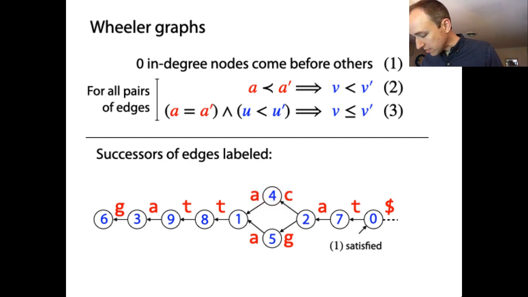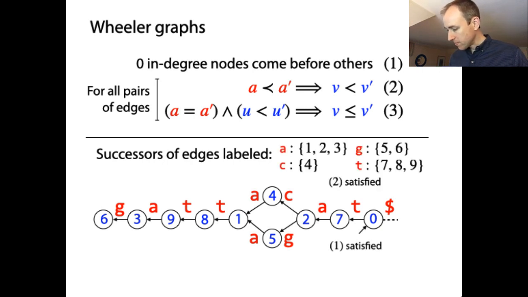The ones at the destinations of the edges labeled G should come next. Indeed, 5 and 6. Now for the ones at the destinations of the edges labeled T, 7, 8, 9. So yeah, Rule 2 is satisfied, right? We've got these sort of classes whereby the destinations of the edges labeled A all come before the destinations of the edges labeled C, which all come before the destinations of the edges labeled G, etc.